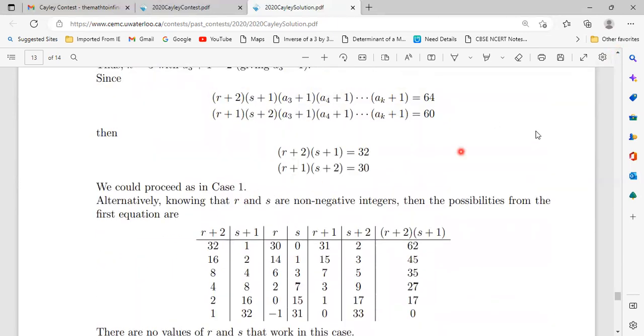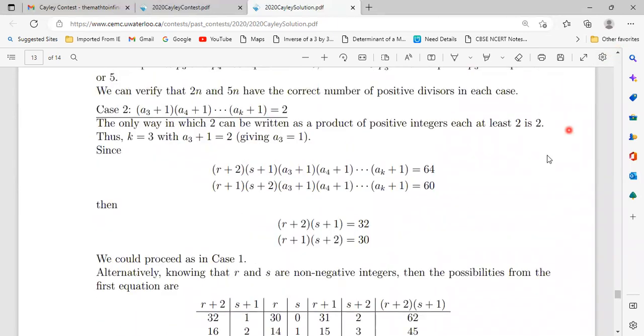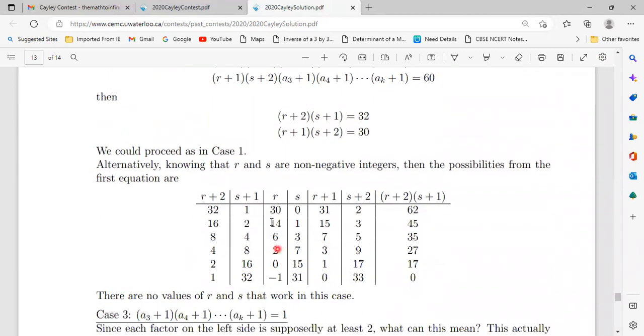So from case 2, you have R plus 2 times S plus 1 equal to 32, and R plus 1 times S plus 2 equal to 30. So we can divide them into a table, like we can draw a table. R plus 2, S plus 1, taking the first condition. Okay.